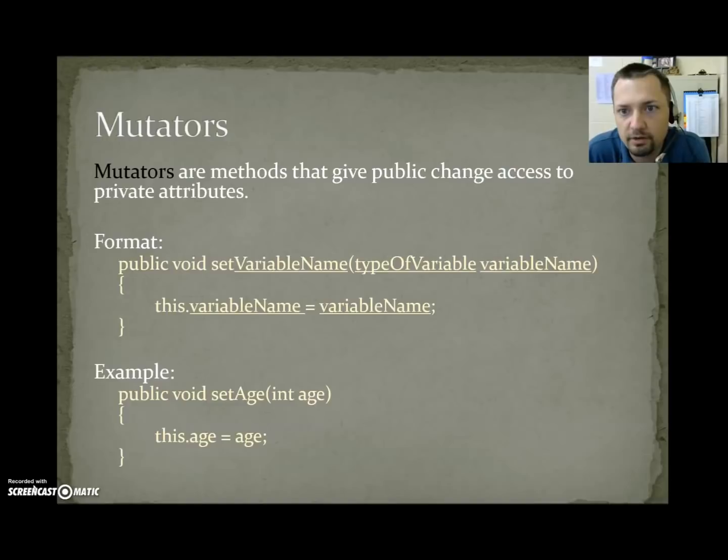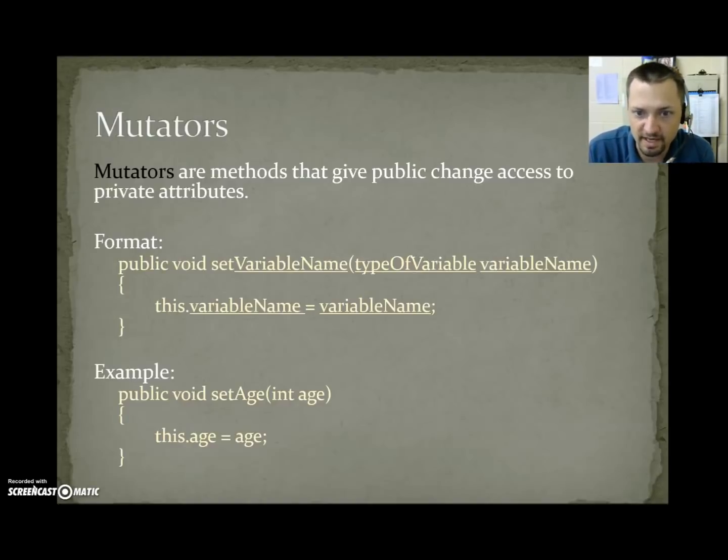Mutators. Mutators are methods that give public change access to private attributes. The format is public void set whatever the name of the variable is, followed by, in the parentheses or your parameters, the type of the variable you're wanting to change and its name. Then when we go to change it, there'll be two variables with the same name, a parameter and an attribute.